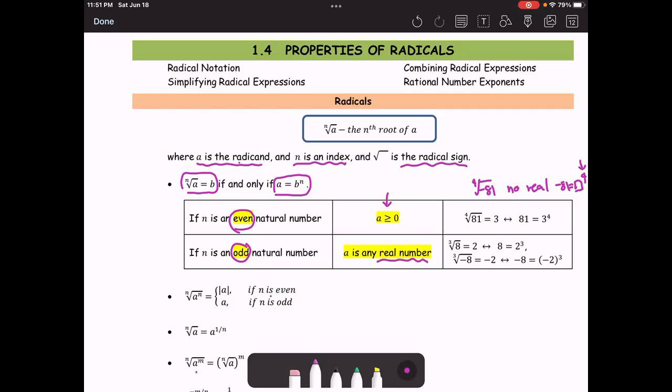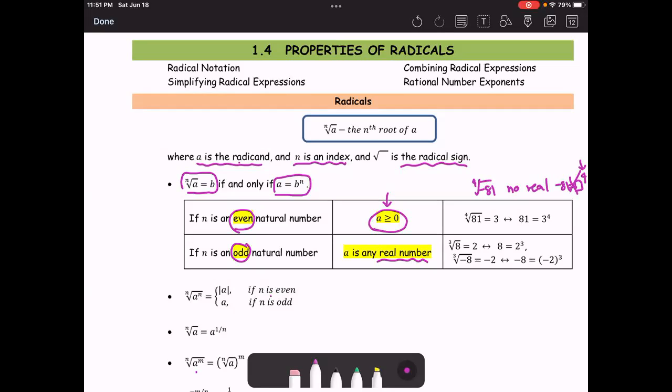Either a negative or positive sign times itself 4 times gives a positive number. So the restriction is that the radicand A must be greater than or equal to 0 for n, the index, an even natural number.